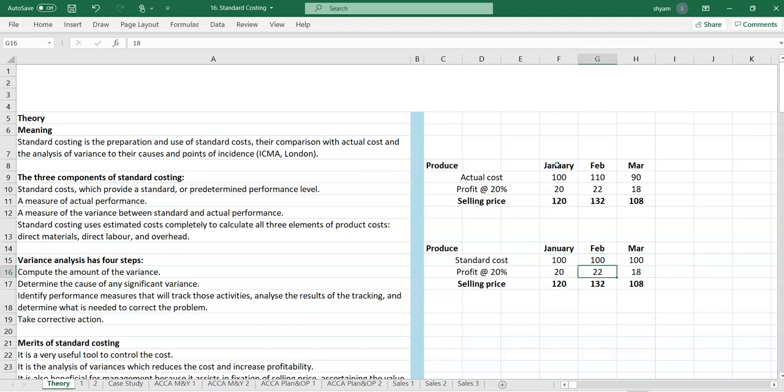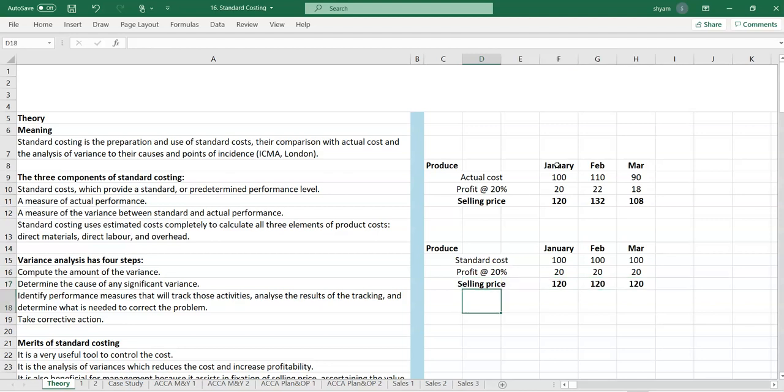We are not going to change that at all. So every month our profit would be 20, and the selling price every month is going to be the same 120. This gives a much better feeling to the consumer because he can buy the product at any month at the same price. So this gives him comfort.